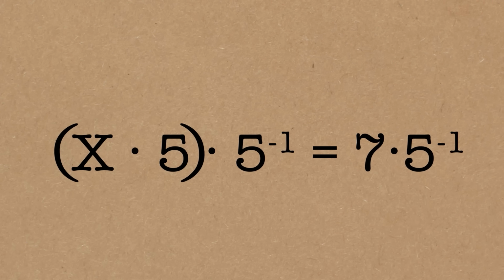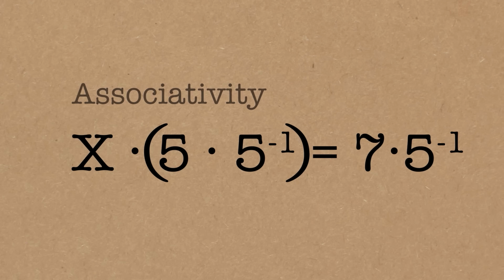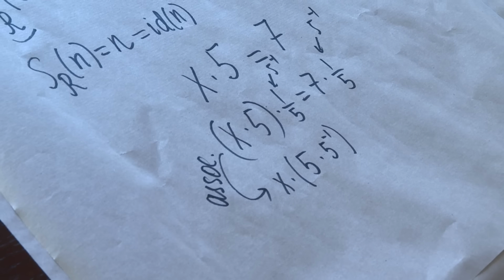Then I will switch parentheses. Which property of multiplication for numbers allows me to switch parentheses? That is associativity. Keep that in mind, because we need to have associativity for our Dirichlet product, or else this whole argument is going to go to pieces.